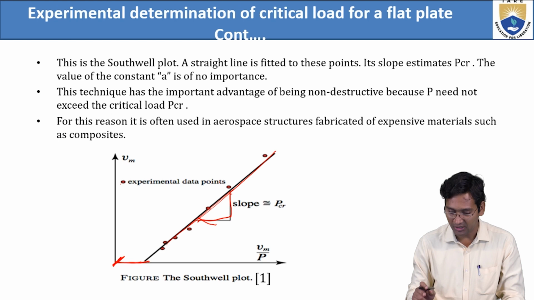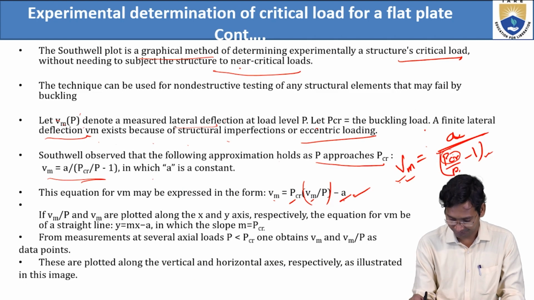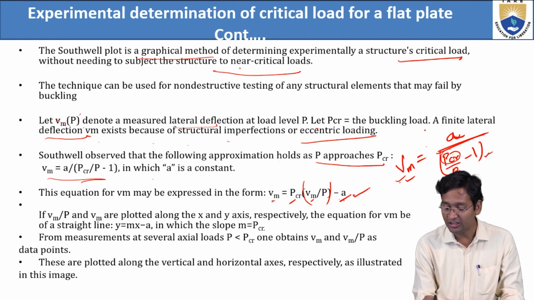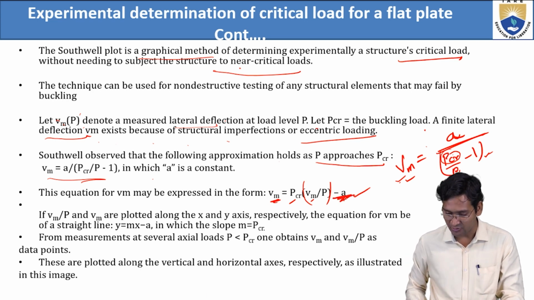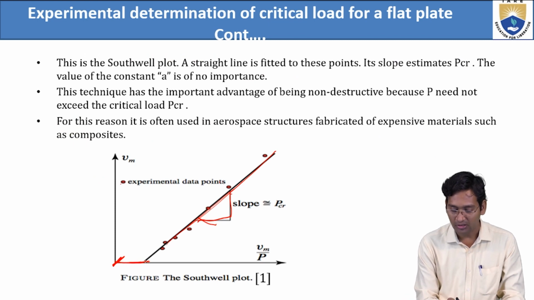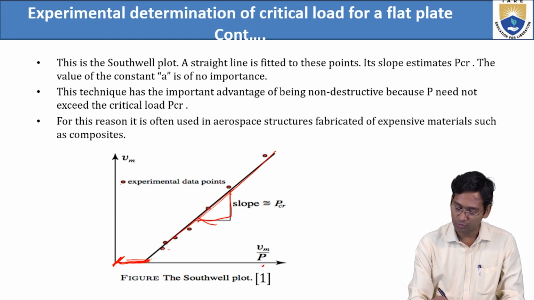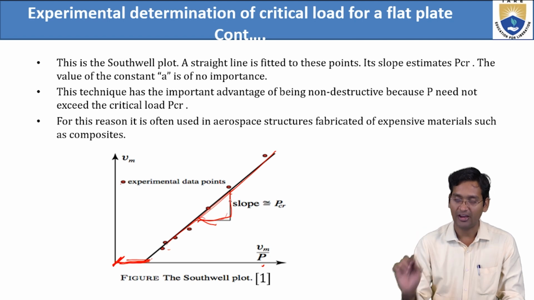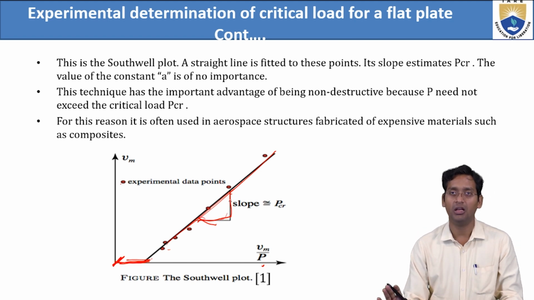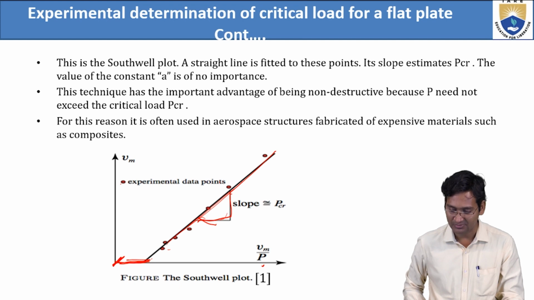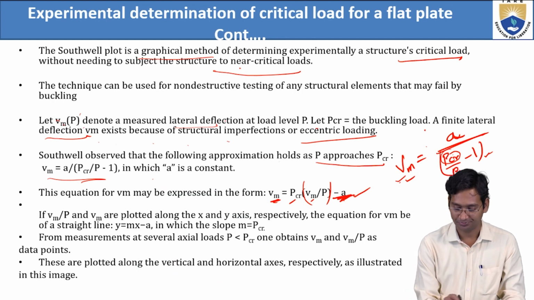The same way here also, it's the intercept of VM, that is minus A. So that's why it starts from here. After getting those points, just plot them, and after plotting find the slope. That will give you the critical loading, that is PCR critical.